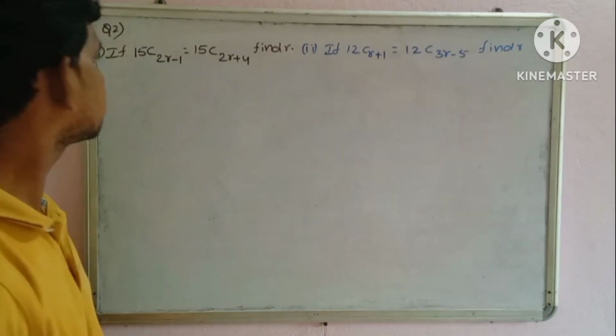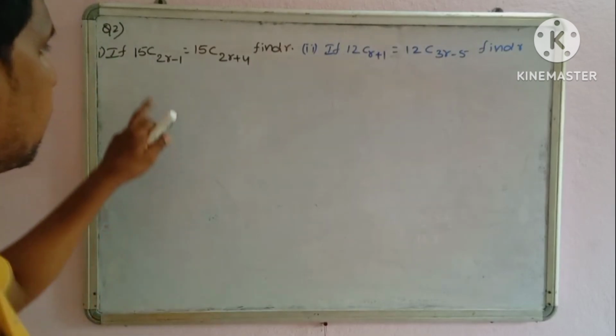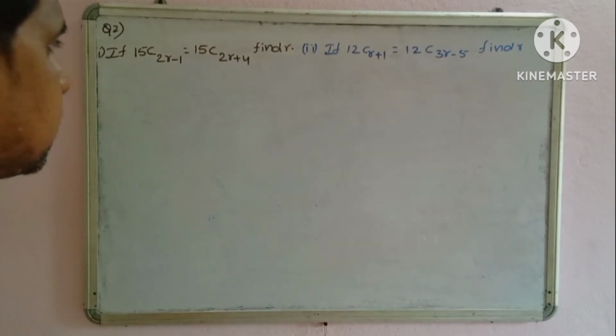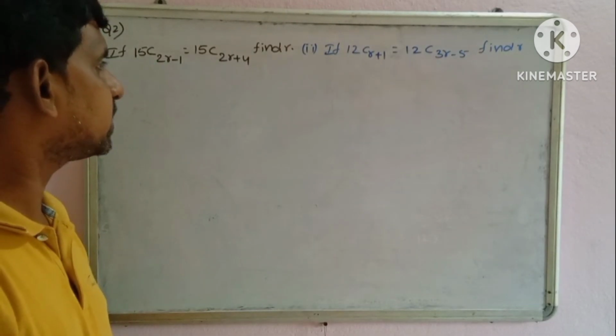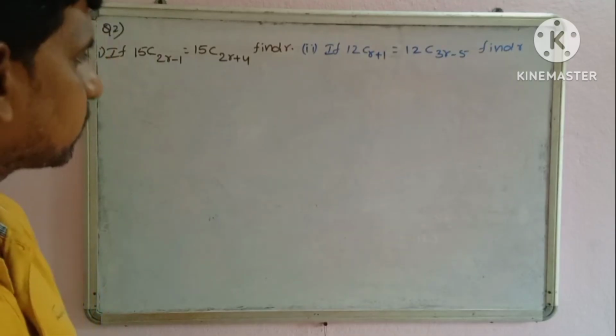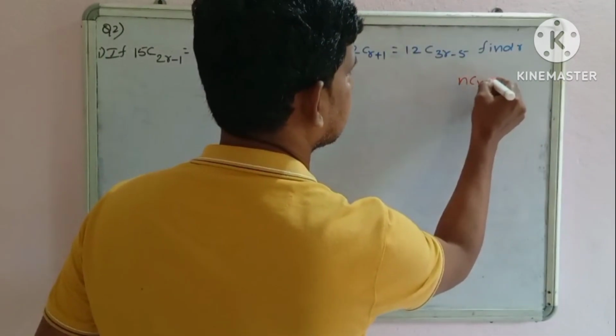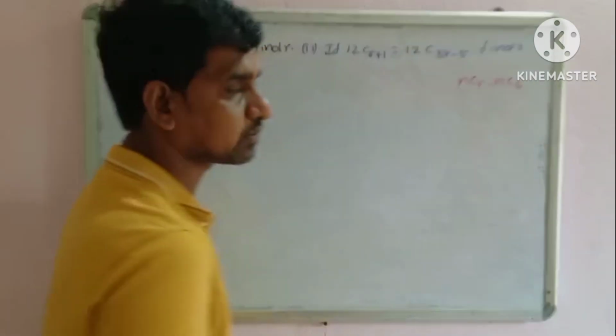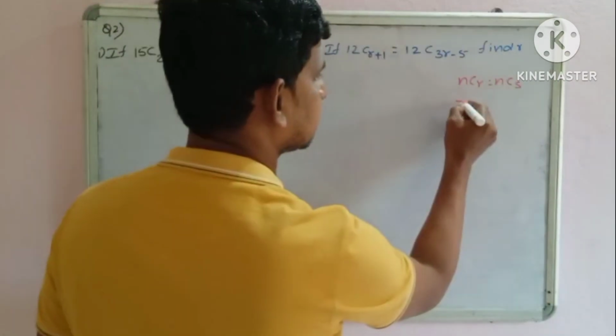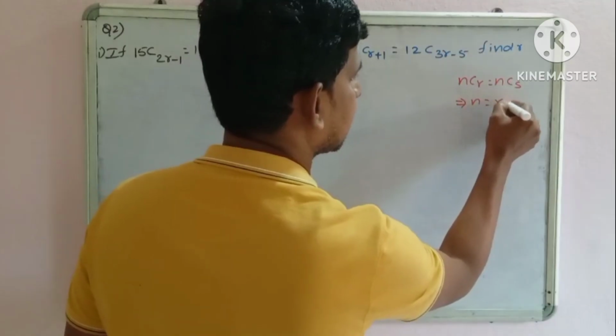Problem number 2. If 15C(2r minus 1) equals 15C(r plus 4). See, if nCr equals nCs, then n equals r plus s.